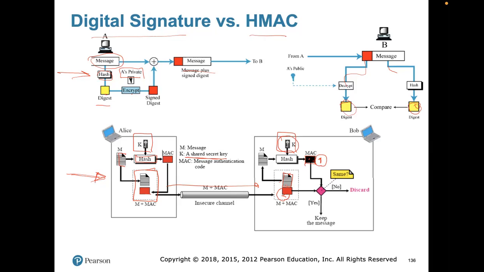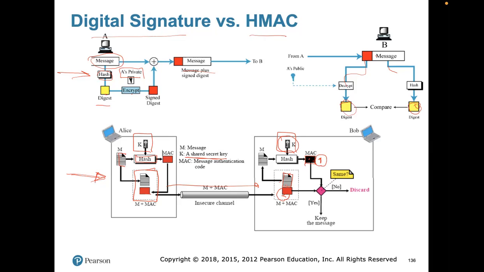So the difference between the digital signature and HMAC is this. And of course, another big difference is that in digital signature you have the non-repudiation property as well. It means that whenever Bob receives something from Alice, Alice cannot decline that, cannot say that it wasn't me who sent that data. But in HMAC authentication, that's not the case. That may happen.